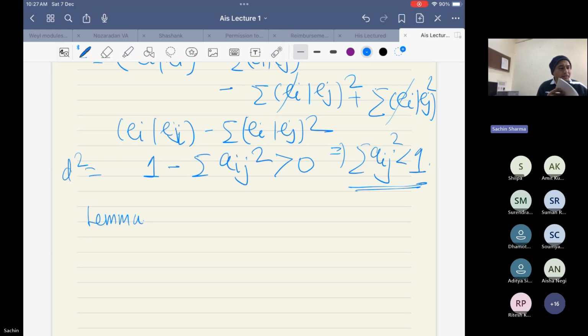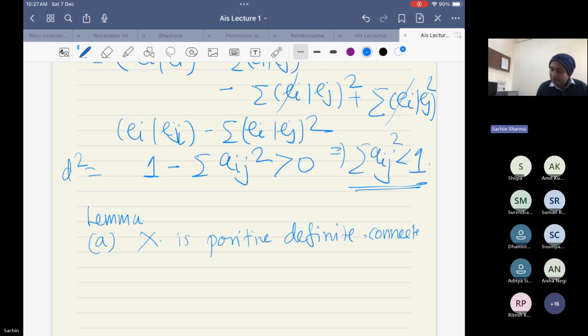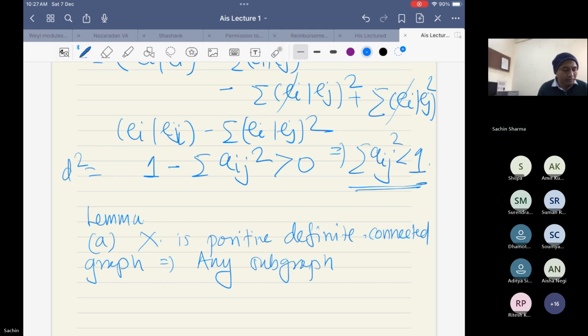The next one is: if X is a positive definite connected graph, then any subgraph of X is positive definite.